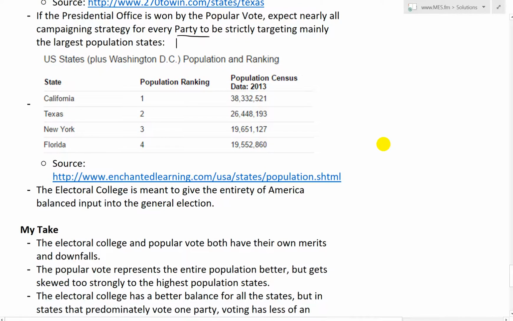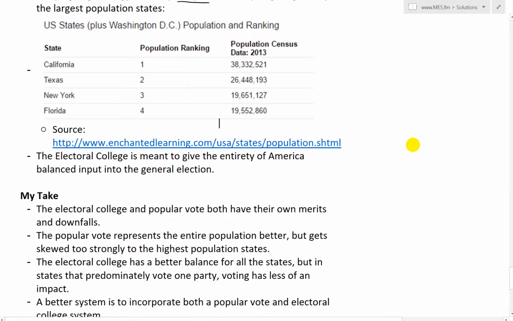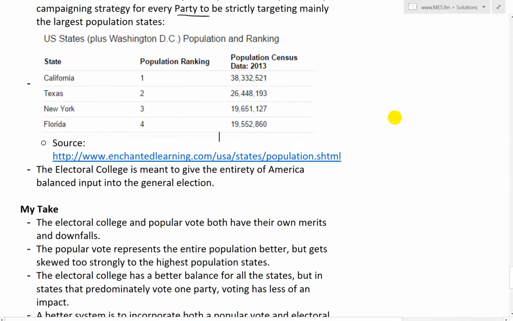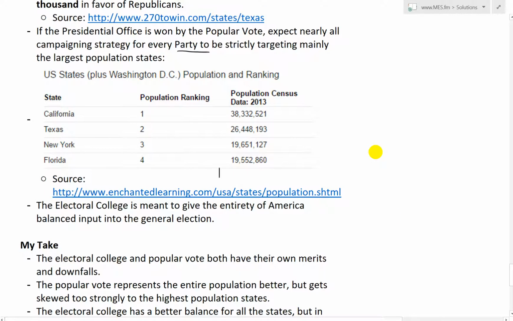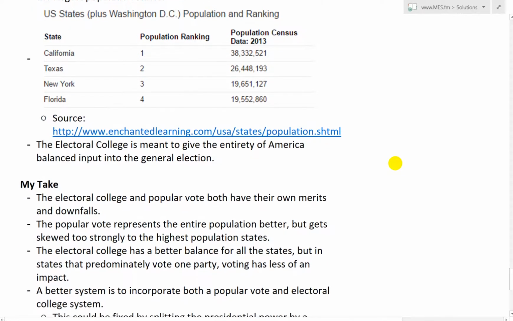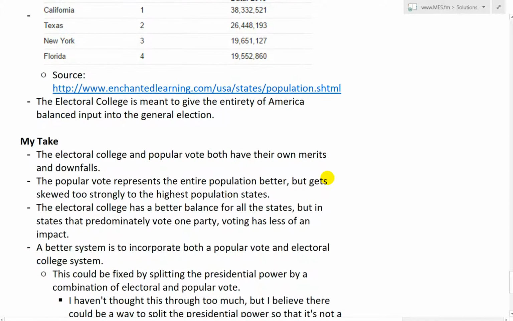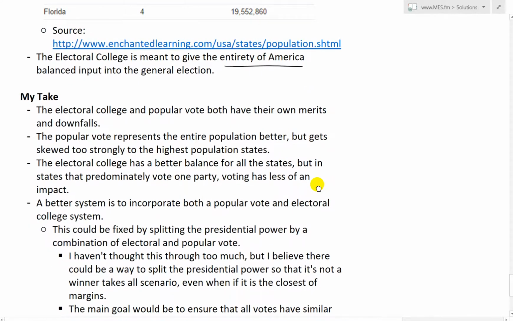The link to these populations, which I got as of the 2013 census, is from enchantedlearning.com. So that is this data. If you're going for the popular vote, you're going to target large cities, and that's basically the main strategy. But the idea of the Electoral College is to give the entirety of America balanced input into the general election.